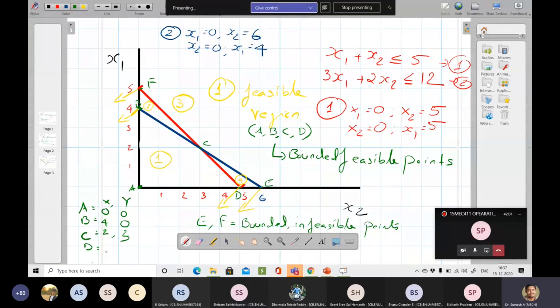X1, X2. Okay, so C is 2, 3, and point D is 0, 5.